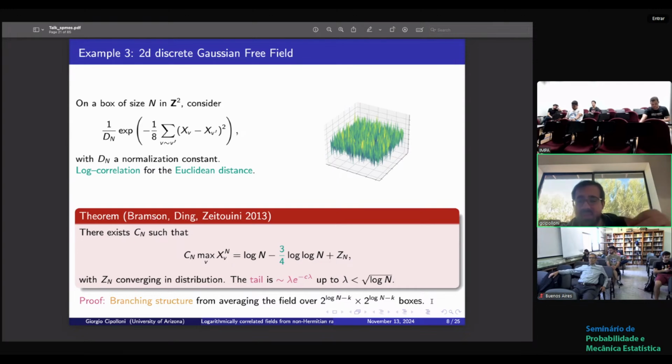So they're independent if they're outside. That's where the branching random walk appears. Again, I don't want to go into the details, but the main message is that to prove this result for the Gaussian free field, where in principle there is no obvious branching structure, one can find one and capitalize on it to get this result.